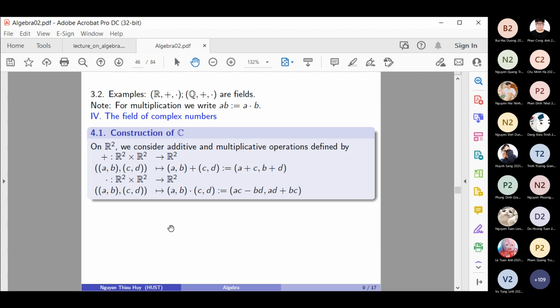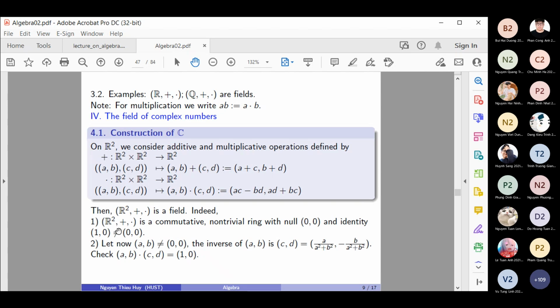And now let me check first that this R square, with these two binary operations, addition and multiplication, actually forms a field.